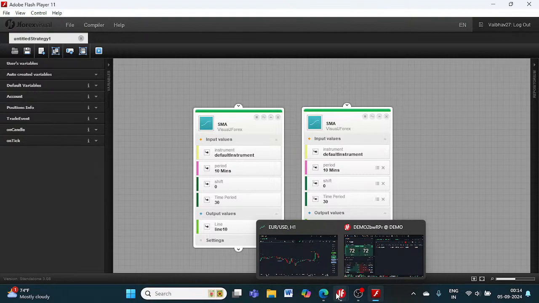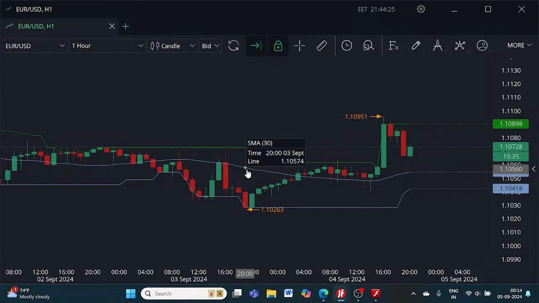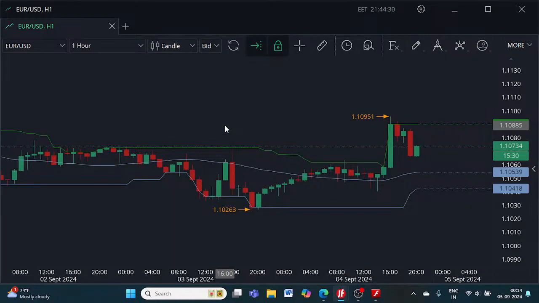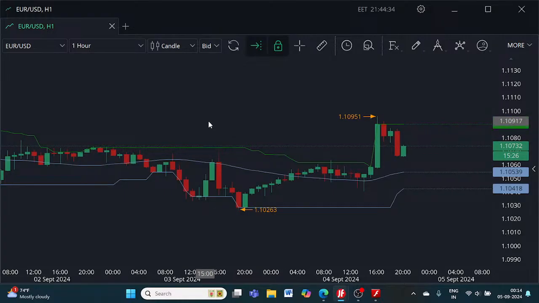Now let me get back to the JForex to explain to you the kind of formation which will be needed for the execution of the trade, as we have to take into account a couple of considerations. The advantages and the disadvantages of working with the SMA need to be kept in mind, and factored in while designing the system as well.